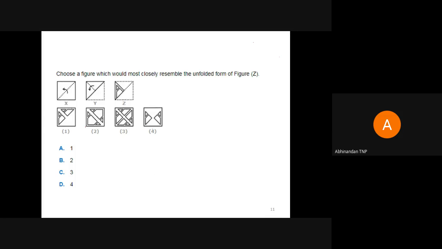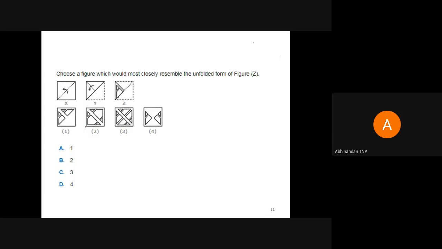Choose a figure which would most closely resemble the unfolded form of the figure. Again the same thing: a square is given to you, it is converted into a triangle, and the triangle is converted into another triangle. This triangle has the cutting area like this.